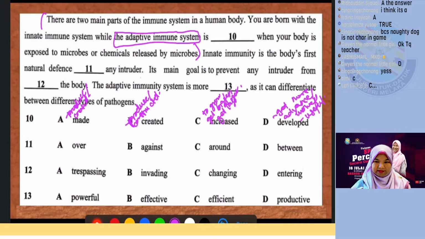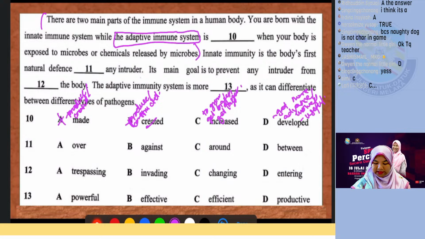So they have the same meaning, right? Sometimes this trick works, but sometimes you need to go into deeper meaning. For me, if the options have the same meaning and the same use, then they are not the answer.